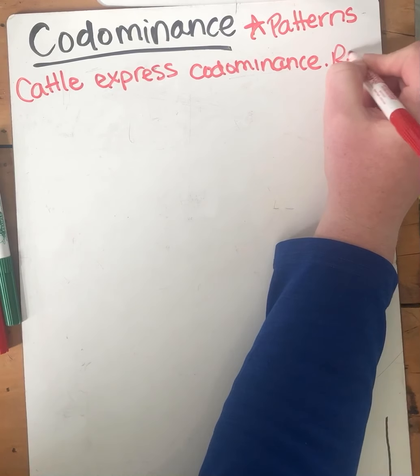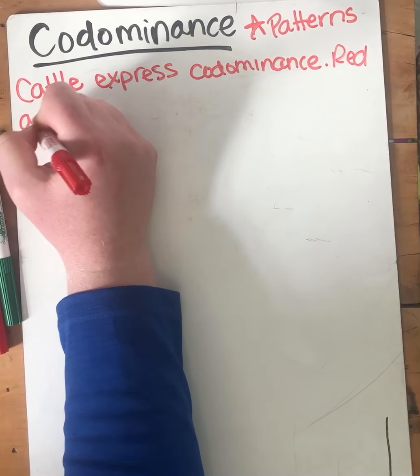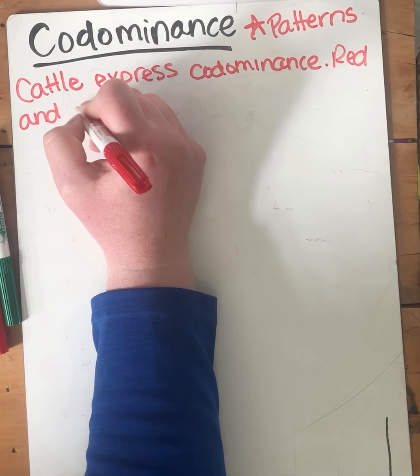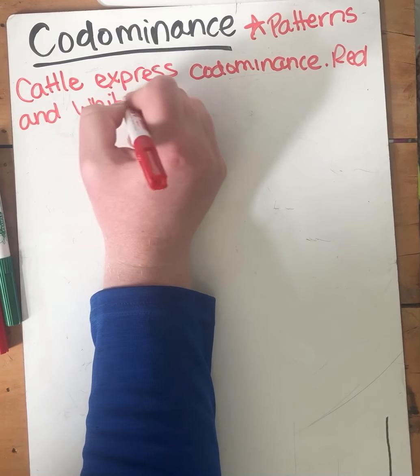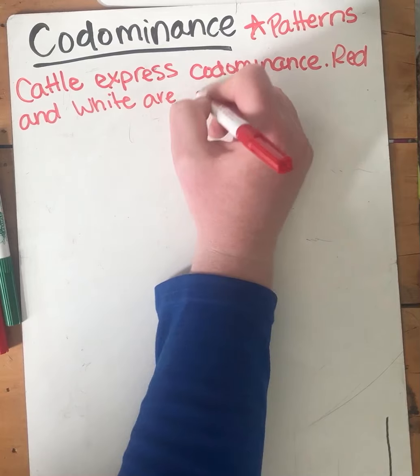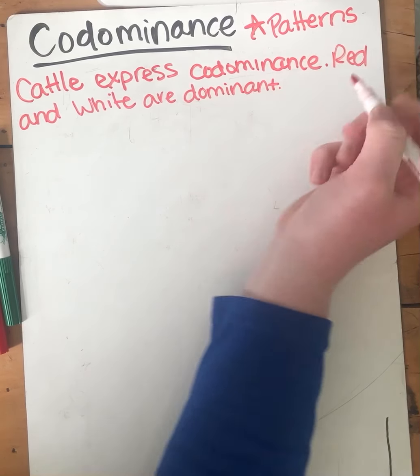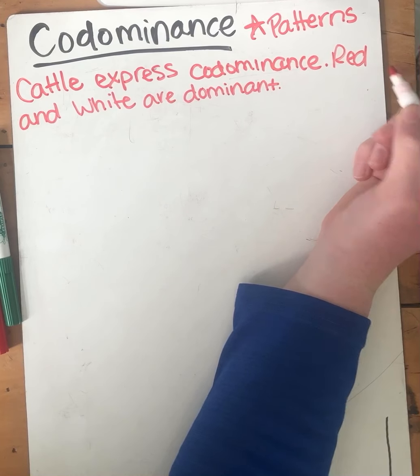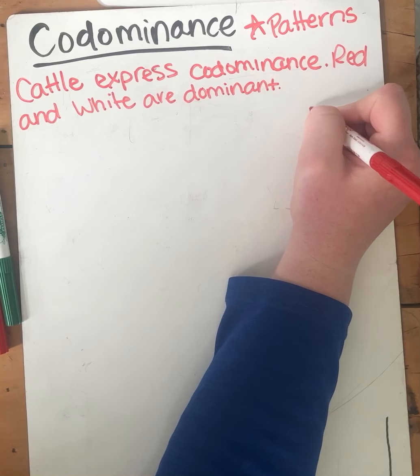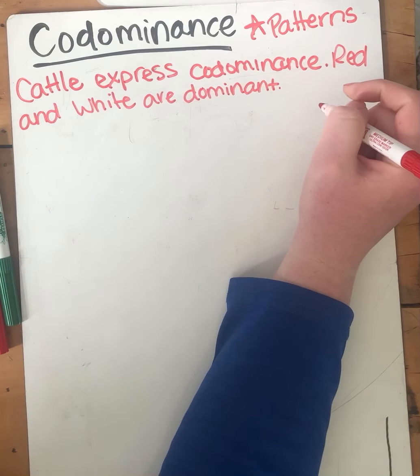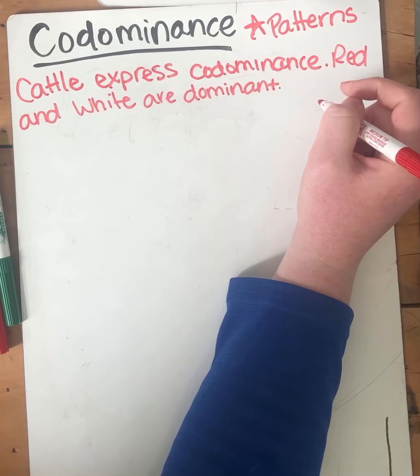So red and white are going to be their two dominant traits. When you cross a red and white cattle, you're going to get a third phenotype called roan.